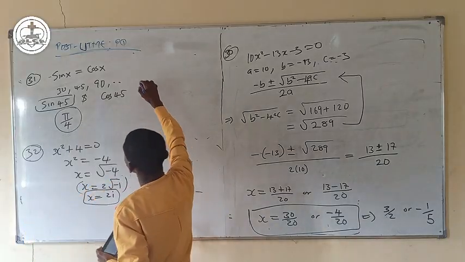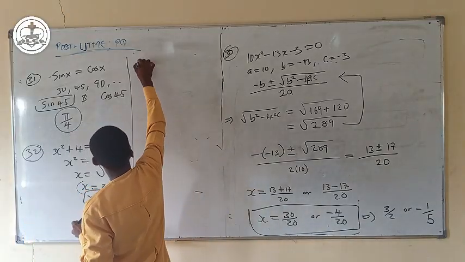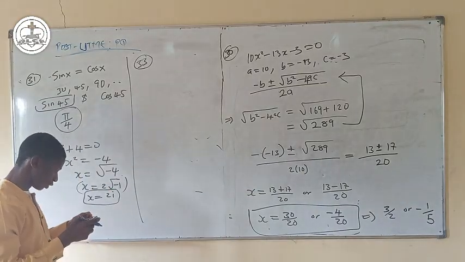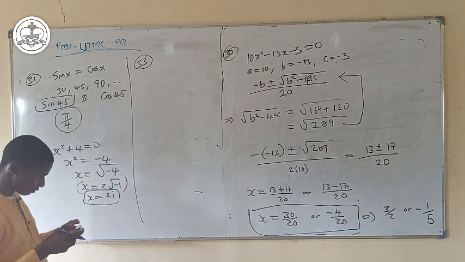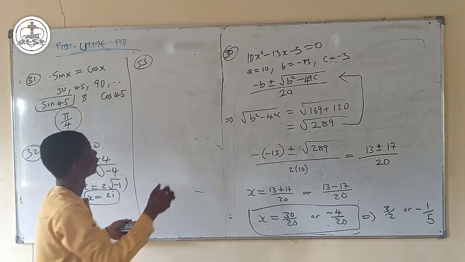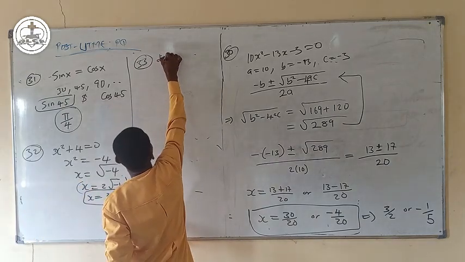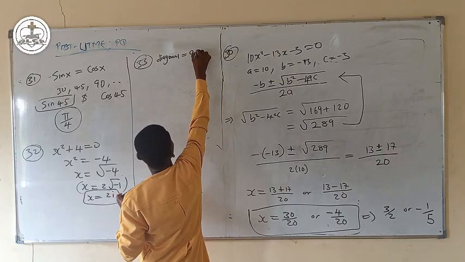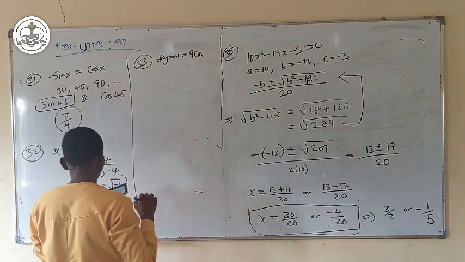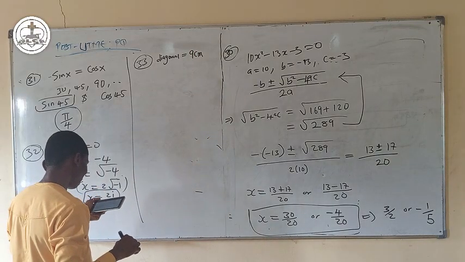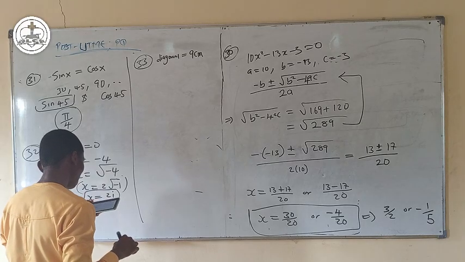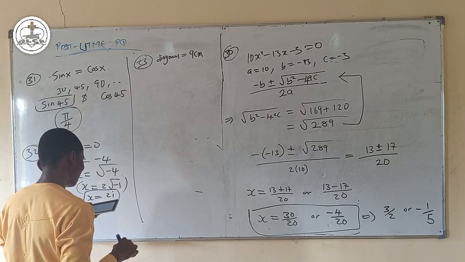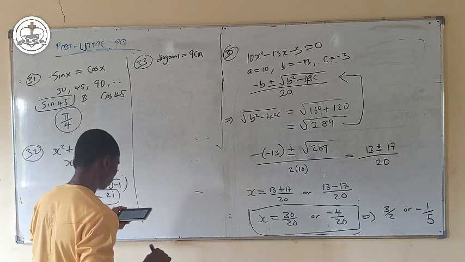Now the next, 33: a cuboid has a diagonal of length 9 centimeters and a square base of side 4 centimeters. What is its height?